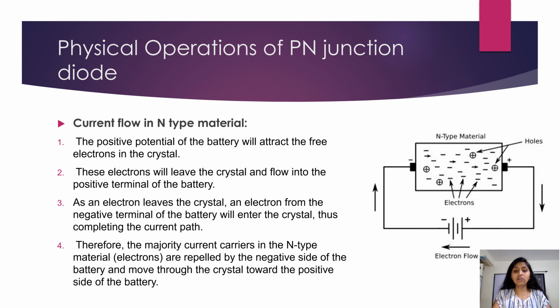Thus, a movement of free electrons takes place in the direction opposite to the hole movement, right? Therefore, in N-type semiconductor, the current flows due to the movement of free electrons and holes. Since the free electrons are the majority carriers and the holes are the minority carriers, the net current will be due to the majority carriers, that is free electrons, right?